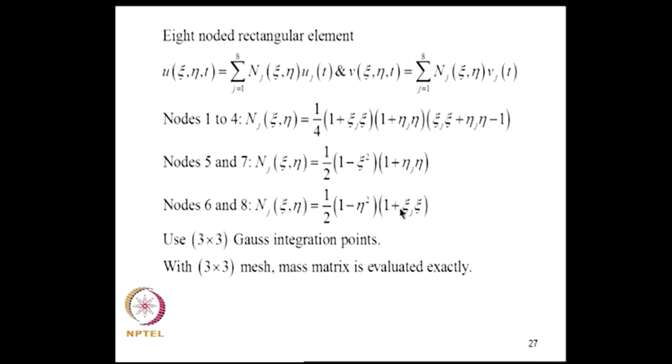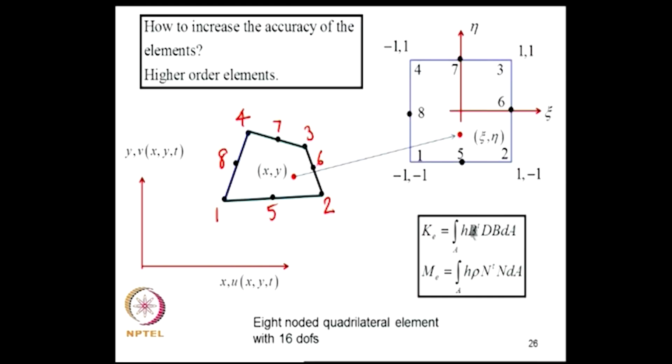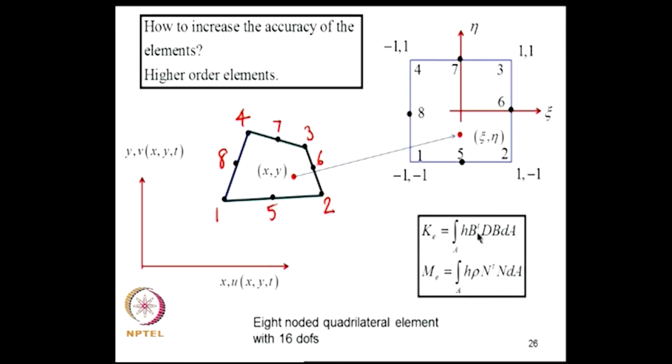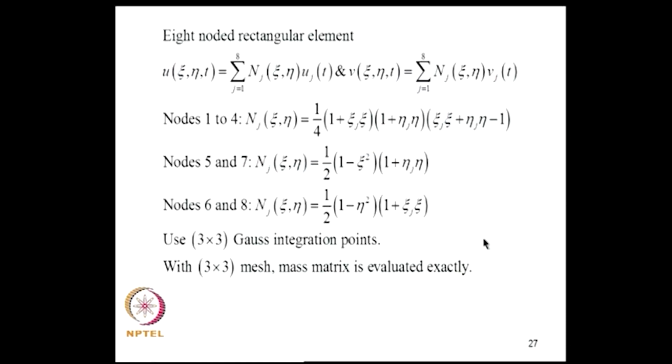Now, I would not like to get into all the details of the formulation of these integrands, but if you indeed perform all that, you will be able to notice that you need to use 3 by 3 Gauss integration points. With a 3 by 3 mesh, mass matrix is evaluated exactly, but the stiffness matrix continues to be evaluated approximately.